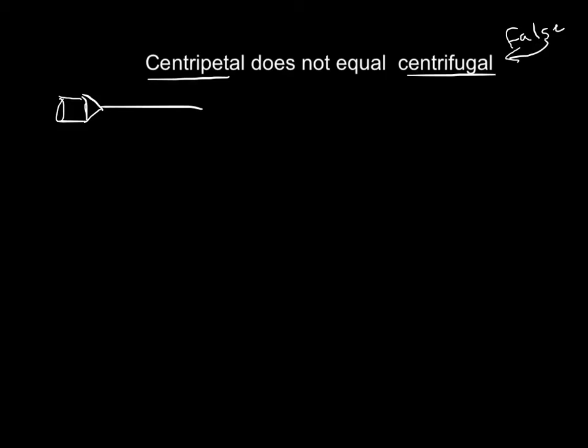When we're looking at our tin can scenario, we can identify that the can is pulling on the rope and the rope is pulling on the can. Action-reaction pairs, real force.